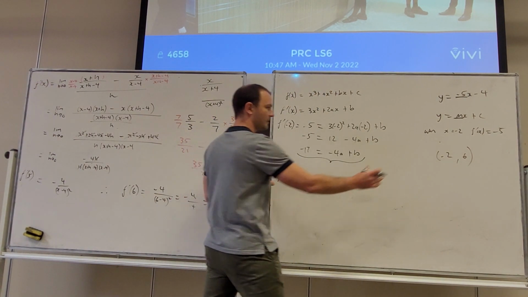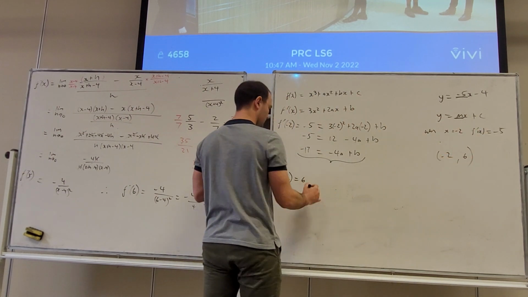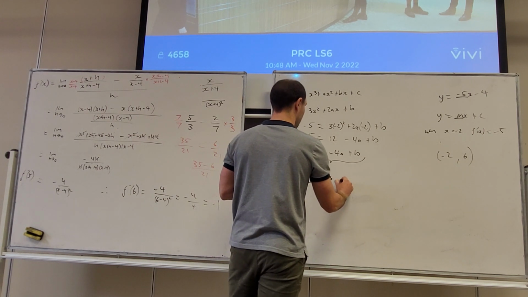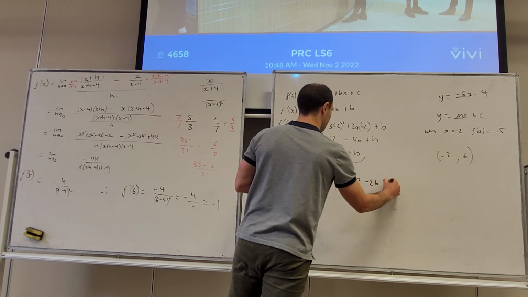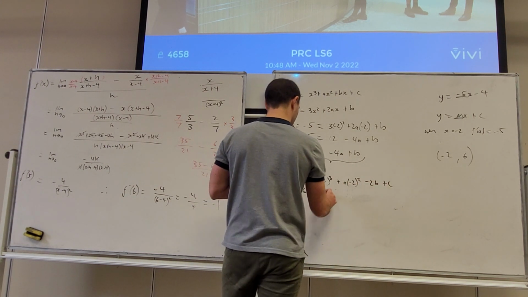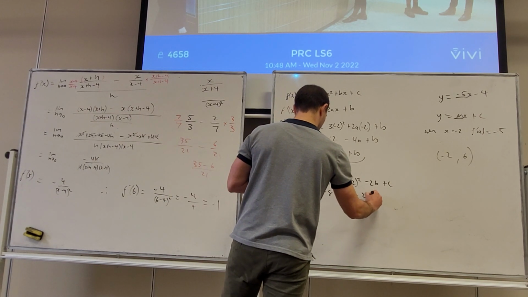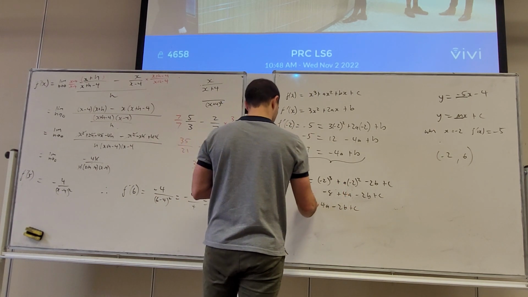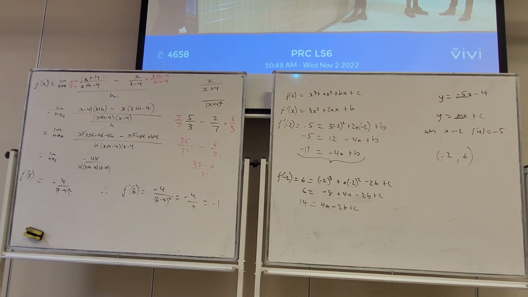Alright, so that's the original function, right? We're putting it in the original function. Here, that was the derivative. So we've got 6 equals okay, so there's one equation.